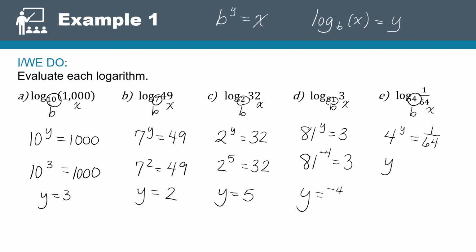So I would have 4 to the negative y power is equal to 1 over 64. So basically, I have 4 to the negative 4th power is equal to 1 over 64. So y equals negative 4.